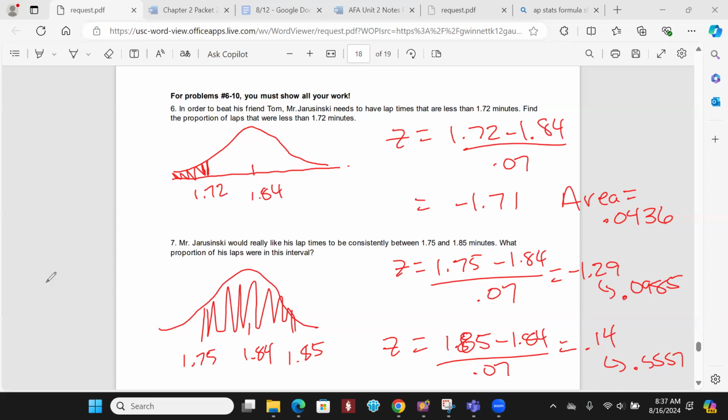So that's going to be 0.5557 minus 0.0985. And that's going to give us 0.4572. If they ask for the proportions, you're going to give it in decimal form.